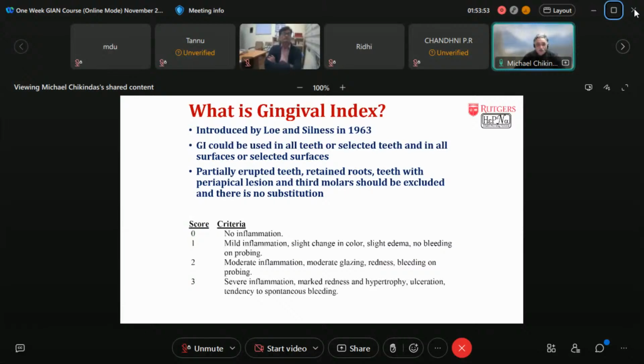It can be used in all teeth or separate individual teeth, and a variety of surfaces, and also it can be used as the parameter in erupted teeth, tooth retained roots, and many other areas. So scores and criteria from 0 to 3, from no inflammation to mild, moderate, and severe inflammation by observation.